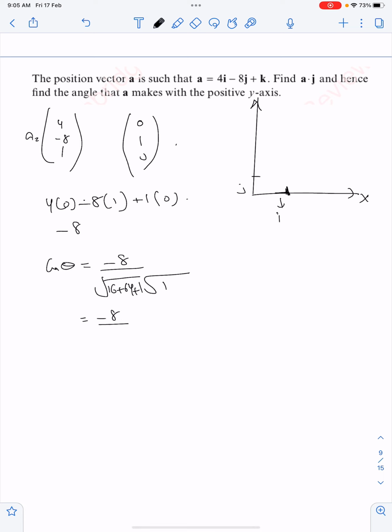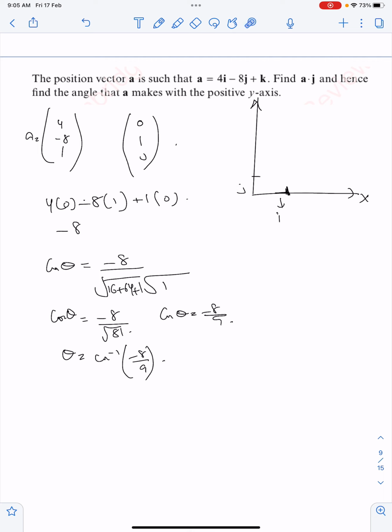So it's negative 8 upon the square root of 81. Cos theta is minus 8 upon 9. And then you find the angle.